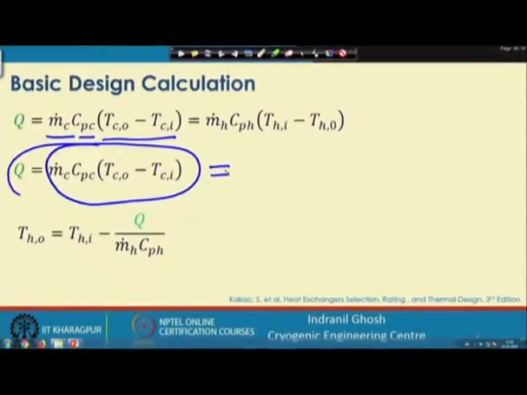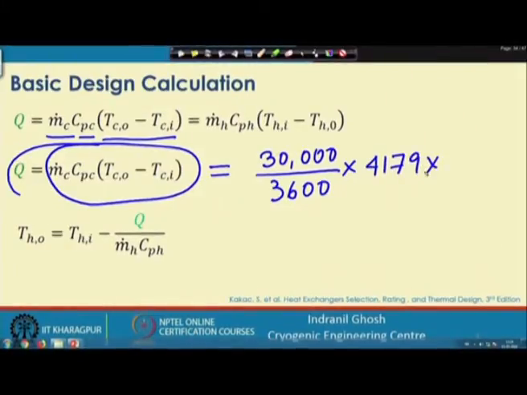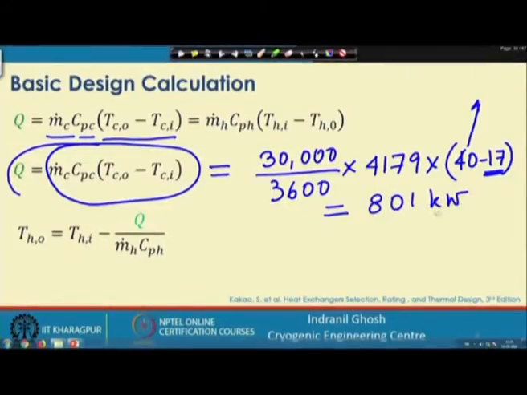If you try to calculate, this is 30,000 divided by 3600 multiplied by 4179, which is the Cp, and then you have the difference in temperature, 40 minus 17, where 40 is the desired temperature and 17 is the inlet temperature of the cold fluid. So, it is coming to be 801 kilowatt amount of heat that is going to be transferred.